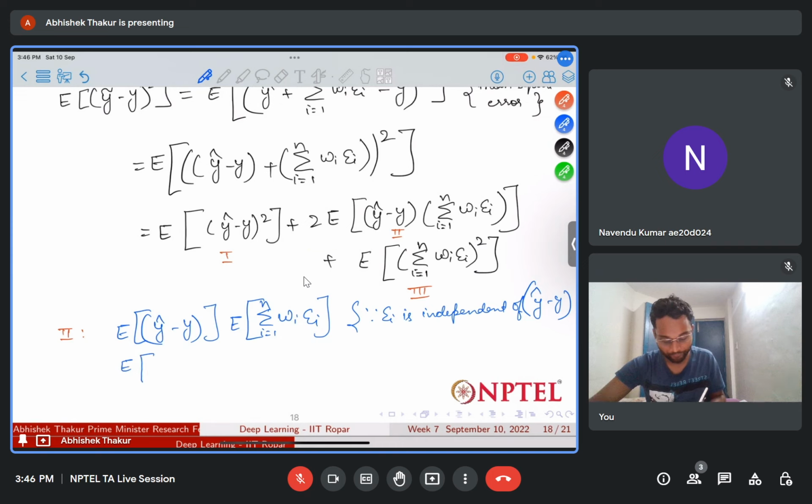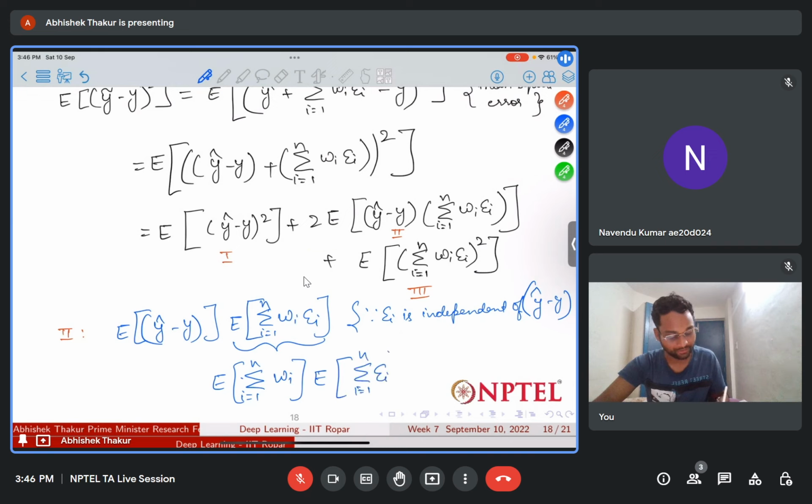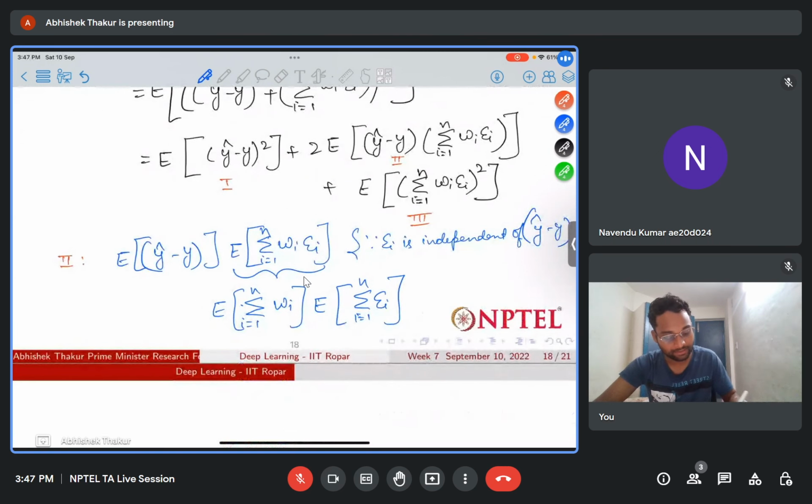So we can write this term as the summation from i equal to 1 to n of the expectation of wi, into the expectation of ei, because ei and wi are independent, and we know that the expectation of ei is equal to 0. So our second term is equal to 0.